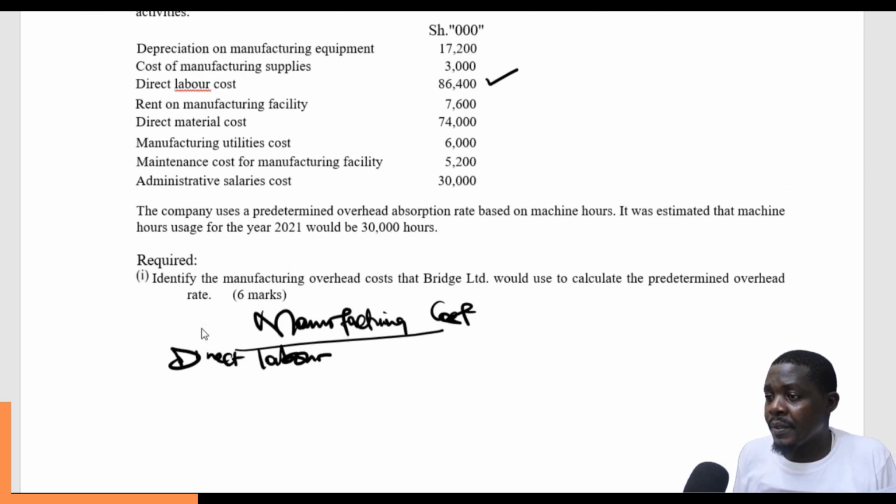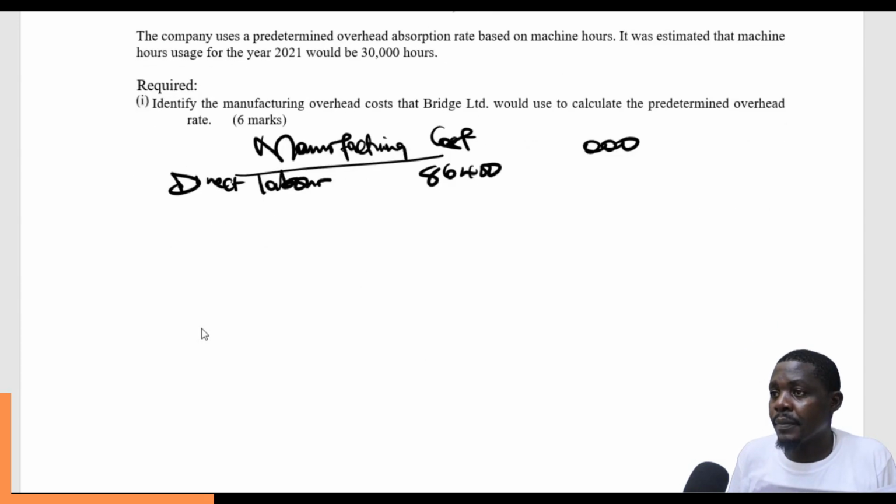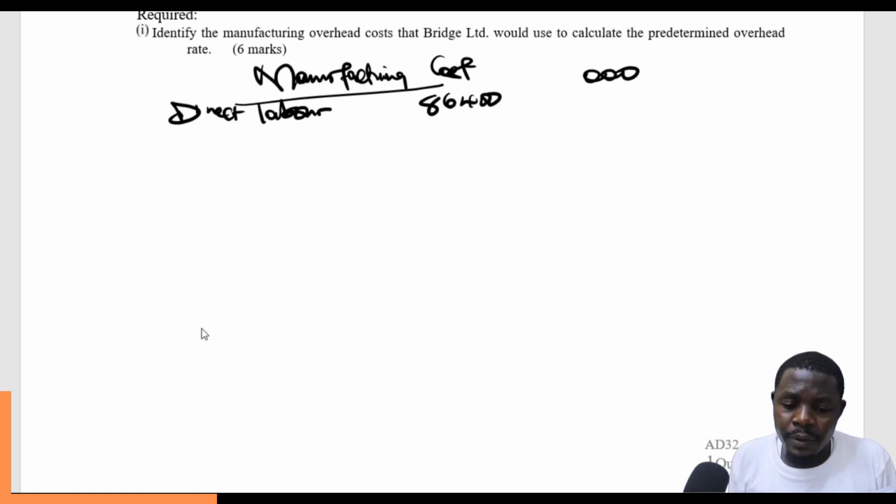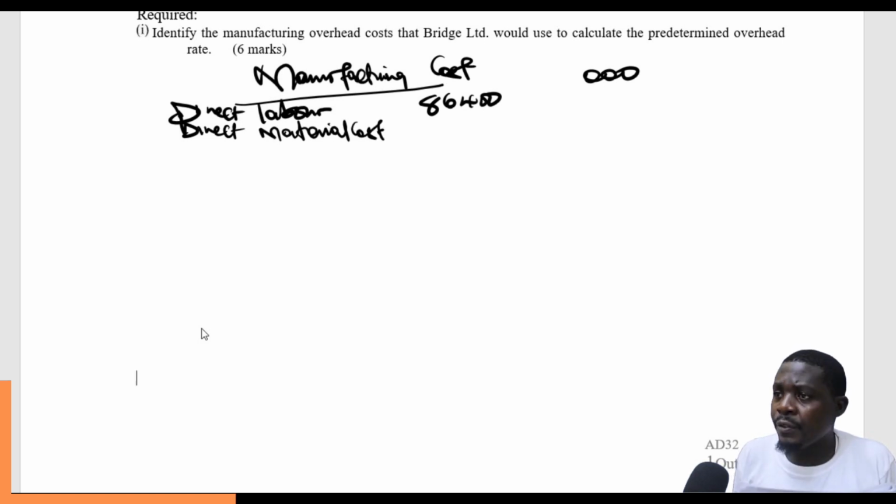They're in thousands. We are writing it as 86,400. And then we have direct material cost, which is 74.